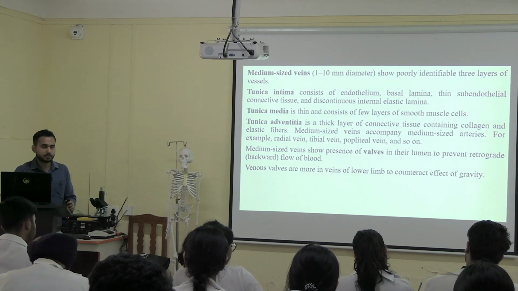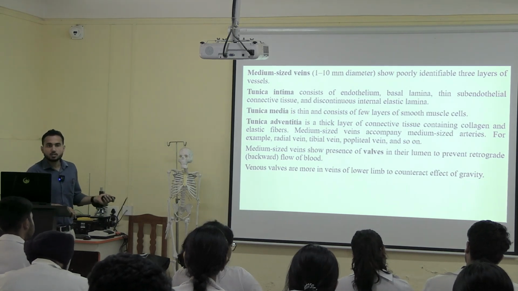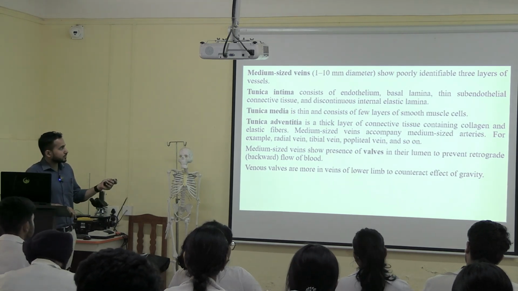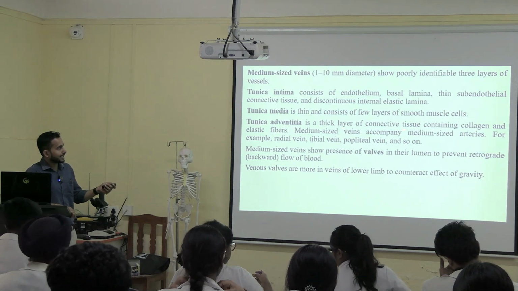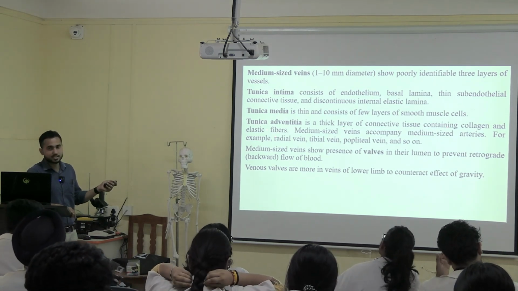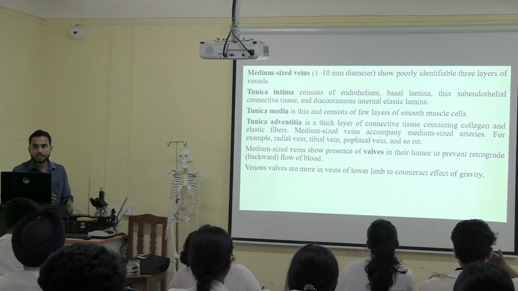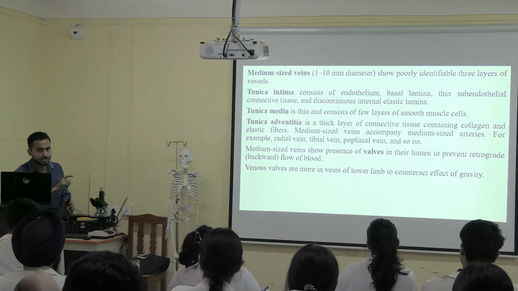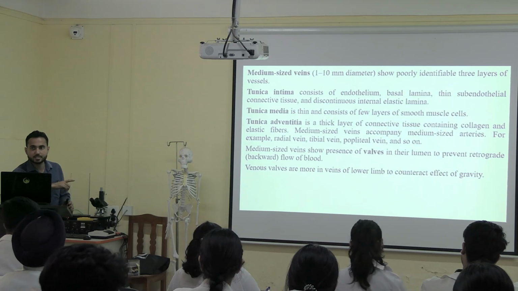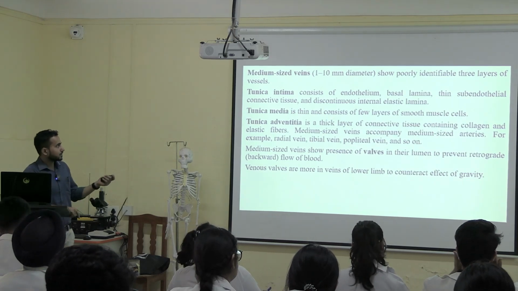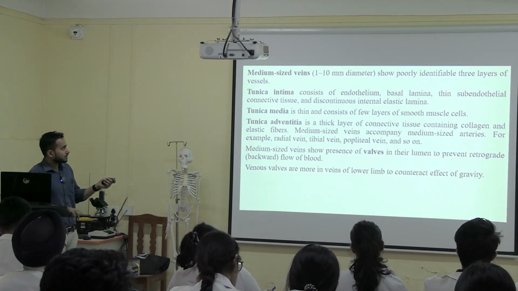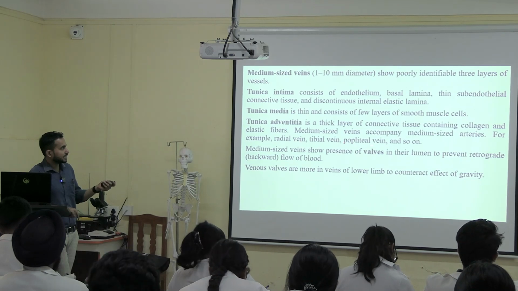Elastic fibers are not there. Next, in case of tunica adventitia, it is thick connective tissue containing collagen fibers and elastic fibers. Okay, so this is the difference. In case of tunica adventitia, it is thicker, mainly collagen fibers and elastic fibers are present. Okay, now what will be the example of medium sized vein? Popliteal vein, tibial vein, etc.